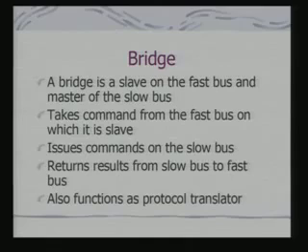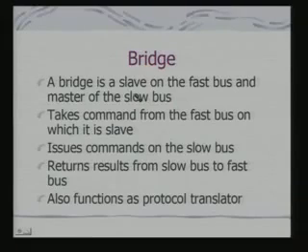What is really a bridge? A bridge is a slave on the first bus and master of the slow bus, because the bridge is actually sitting on both the buses. If I look at a typical master slave configuration, then your CPU will be the master for the faster bus and the bridge will be the slave over there.